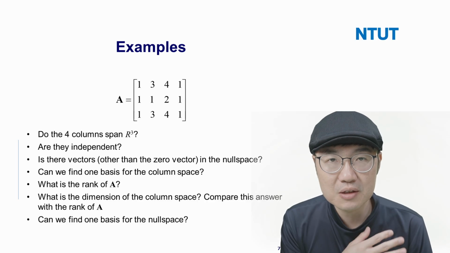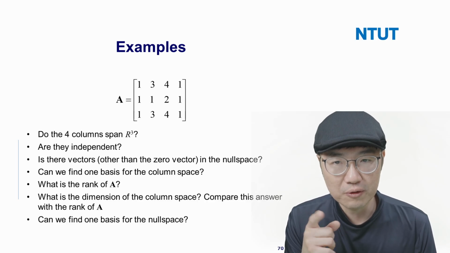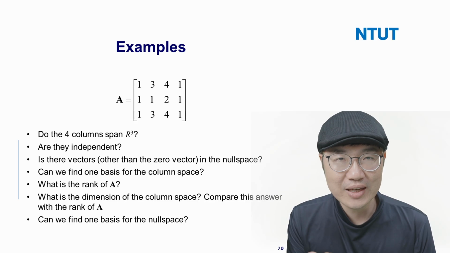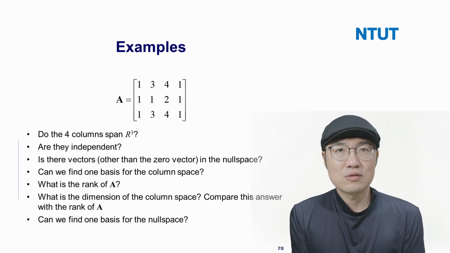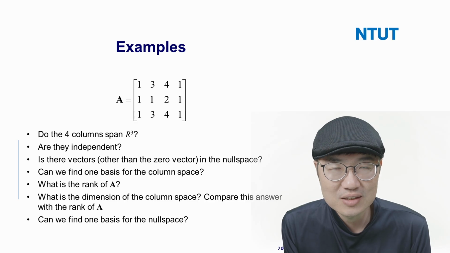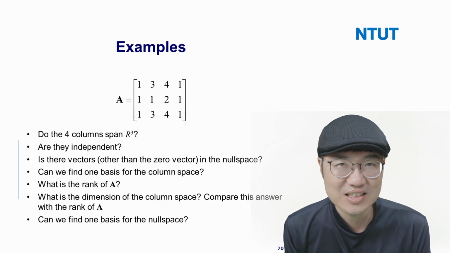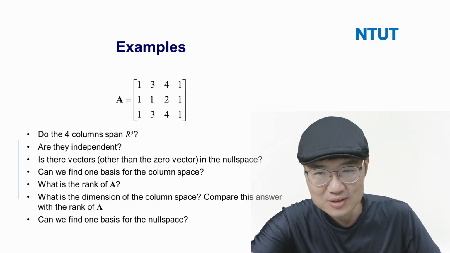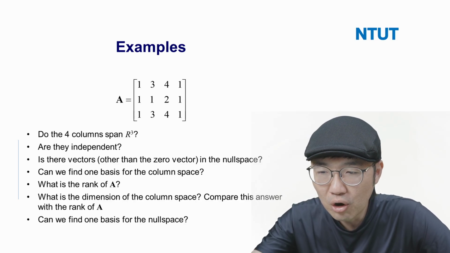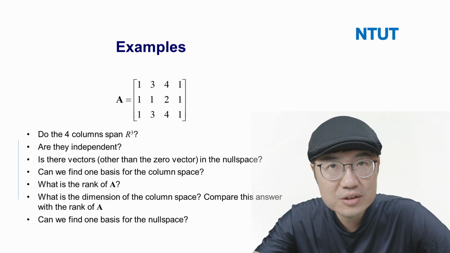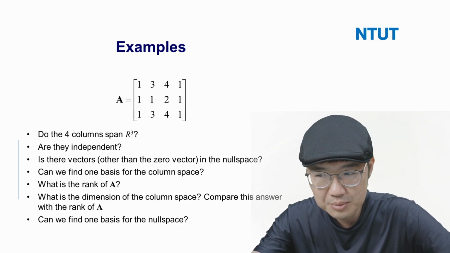It's very different. To check whether they can span R3, we need to find at least 3 independent vectors. Not exactly 3 independent vectors. So let's perform the ultimate skill in this short course, Gaussian elimination.